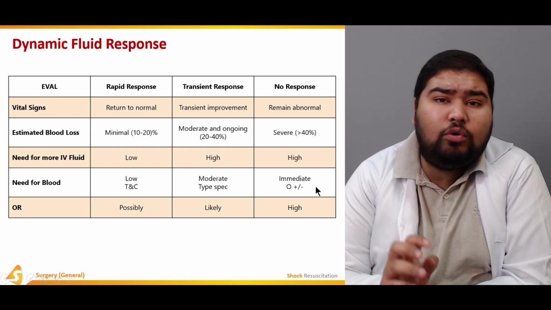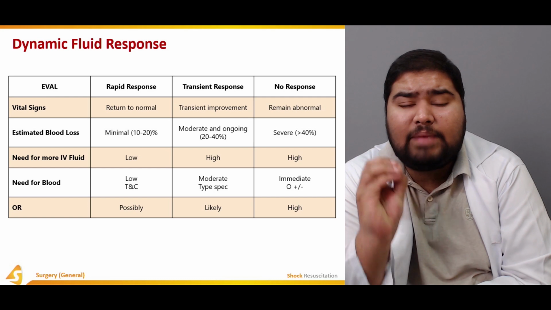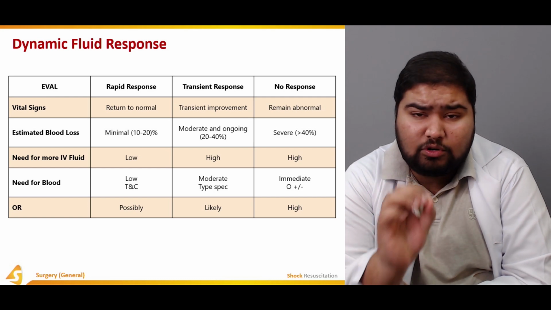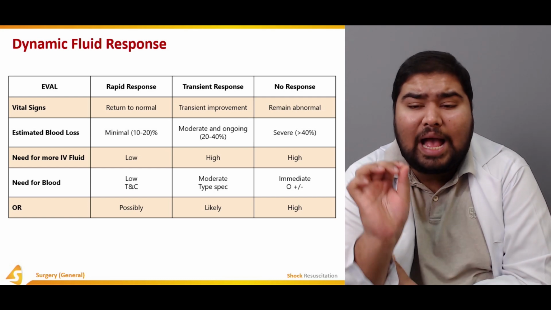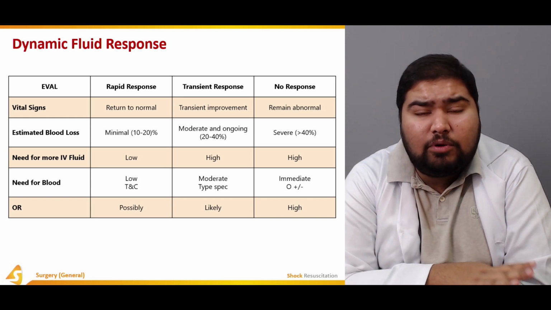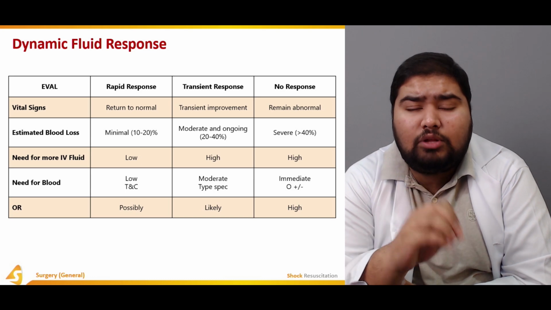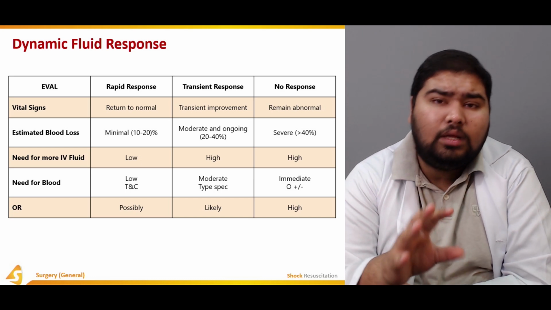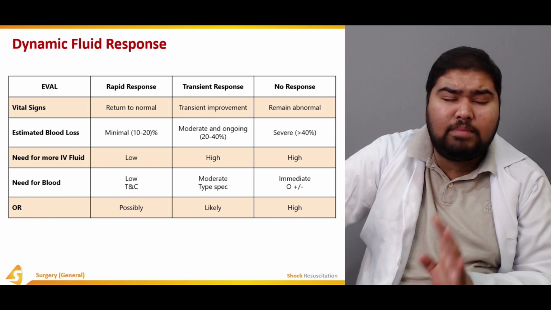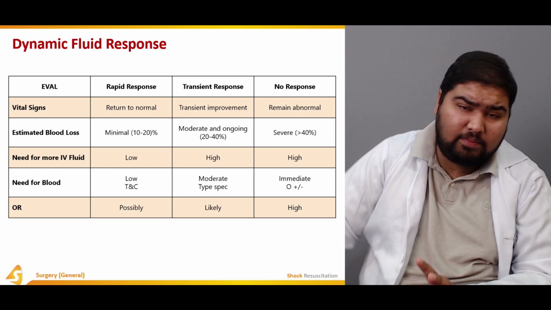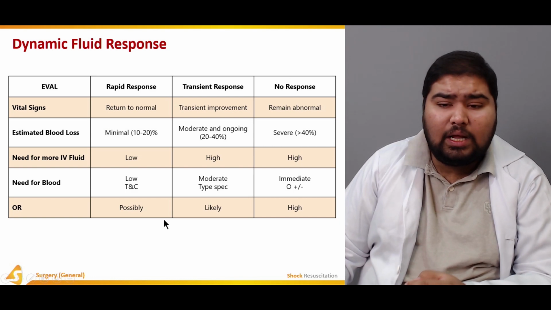And in no responders, the massive transfusion protocol must be ensued immediately, and you do not type or cross match the blood. You give O, which is a universal donor, you give that to the patient immediately so that the patient might be resuscitated.